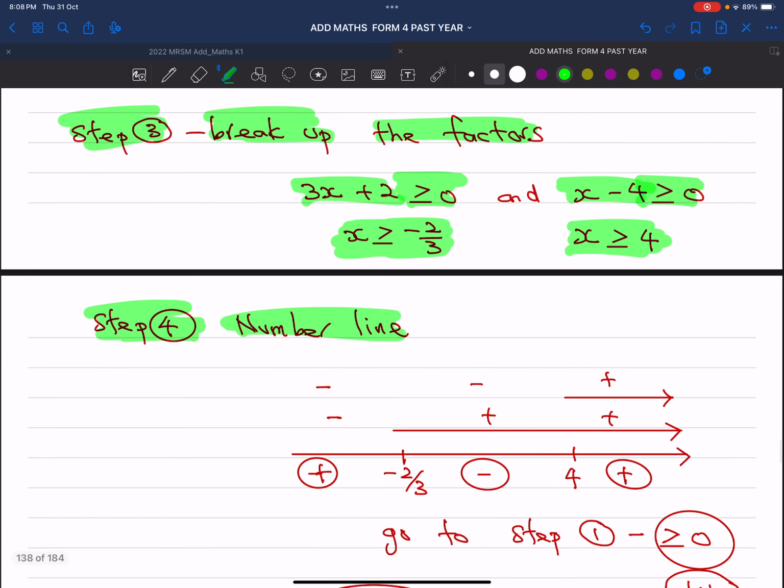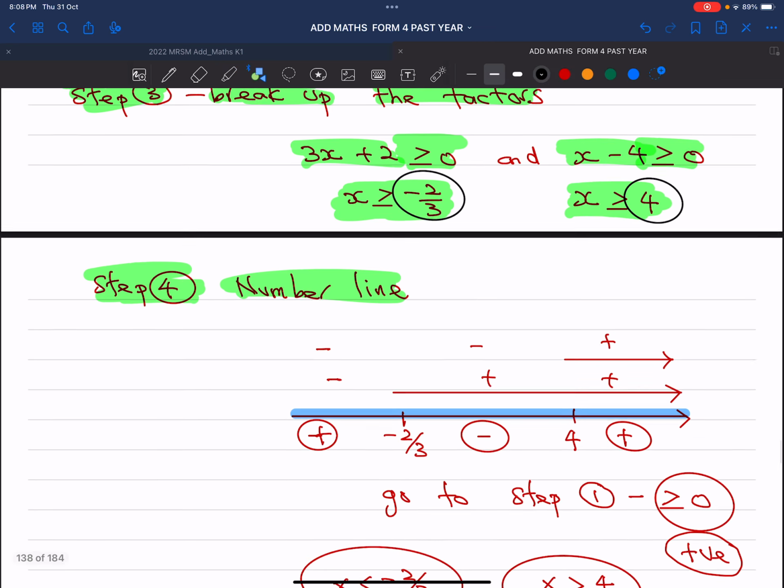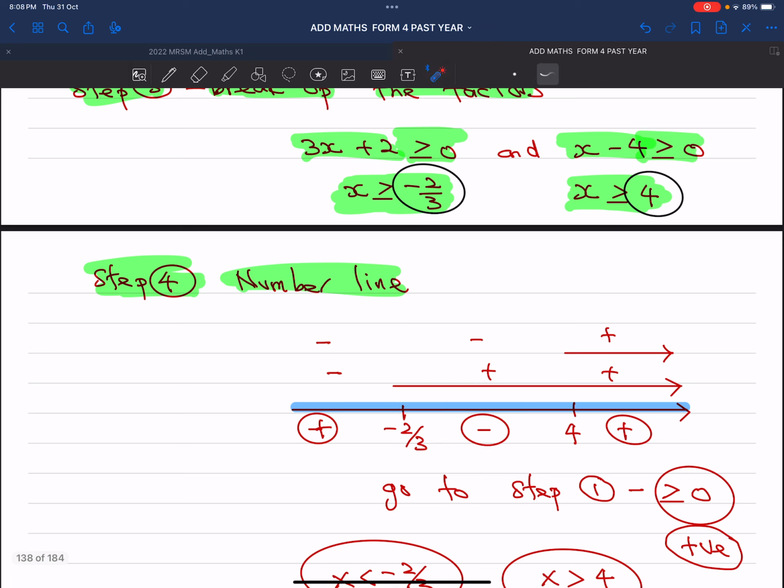How we do this? You draw a line and put the numbers negative 2/3 and 4. The smaller number, negative 2/3, put on the left hand side. The bigger number 4 you put on the right hand side.